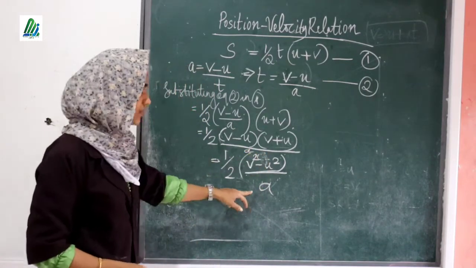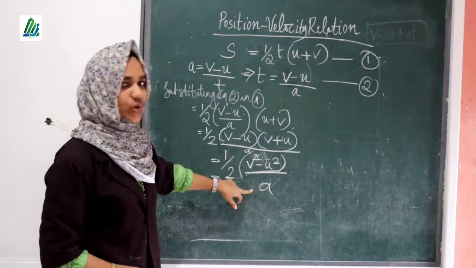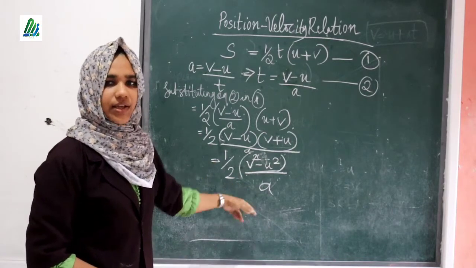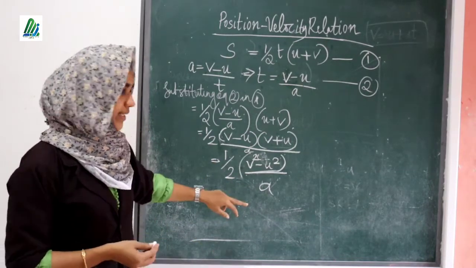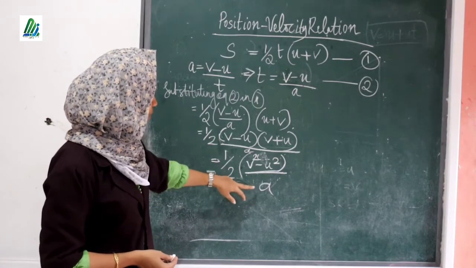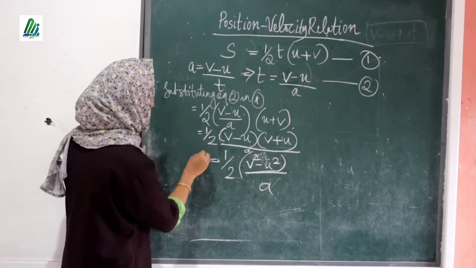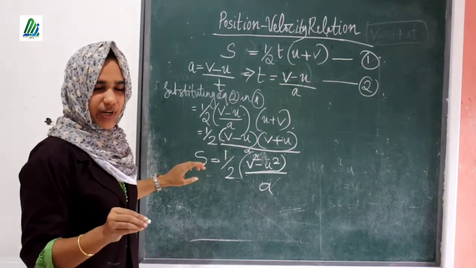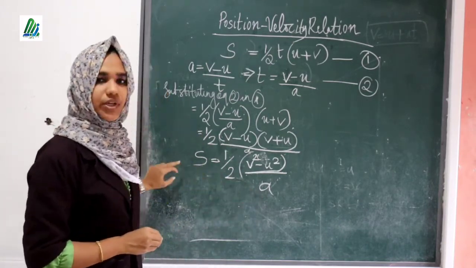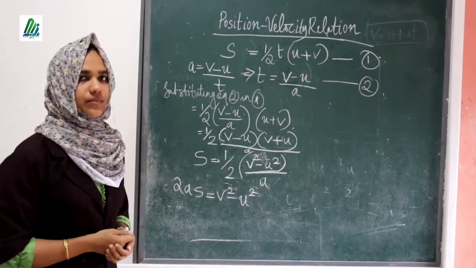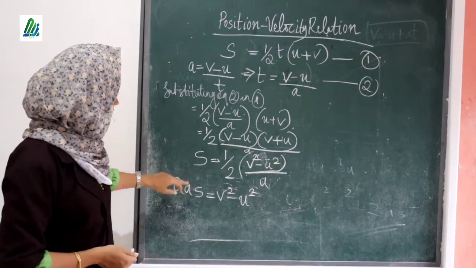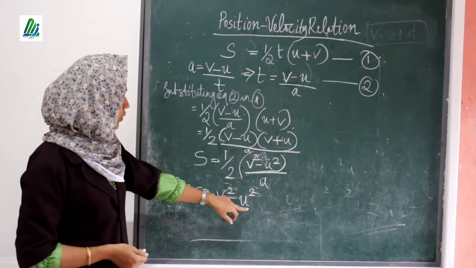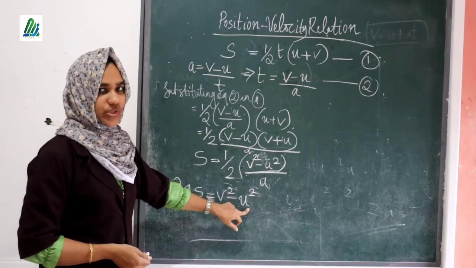Half into v square minus u square by a. We can put these two terms to this side. So we can write 2as is equal to v square minus u square.